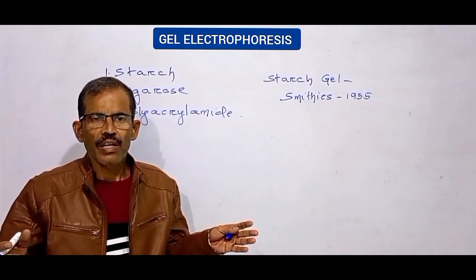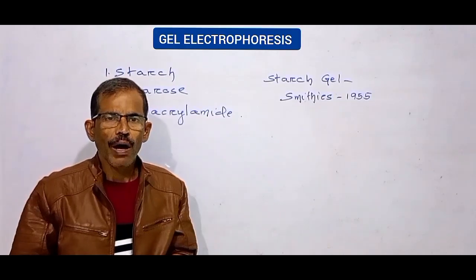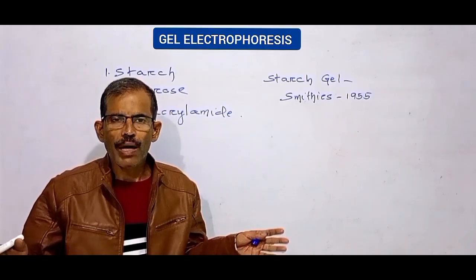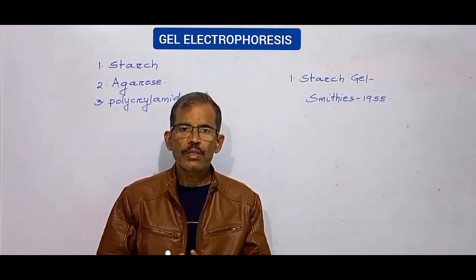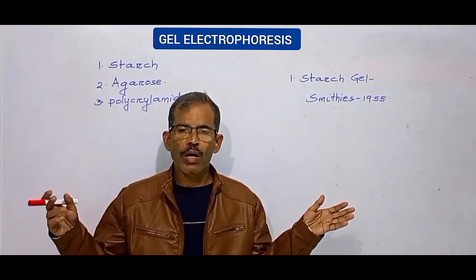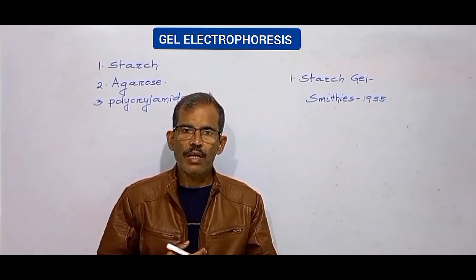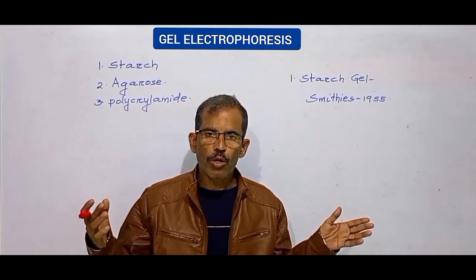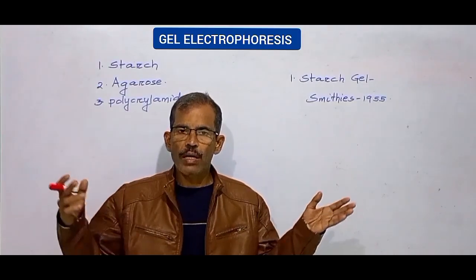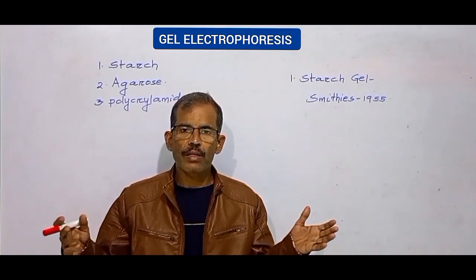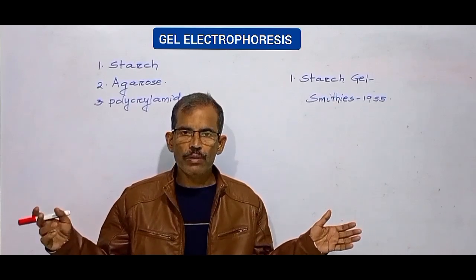However, starch gel has a higher resolving power which can be matched only by the polyacrylamide gel. Initially, starch gel was used in electrophoresis, but these days either agarose or polyacrylamide are widely used for the separation of charged particles or molecules.